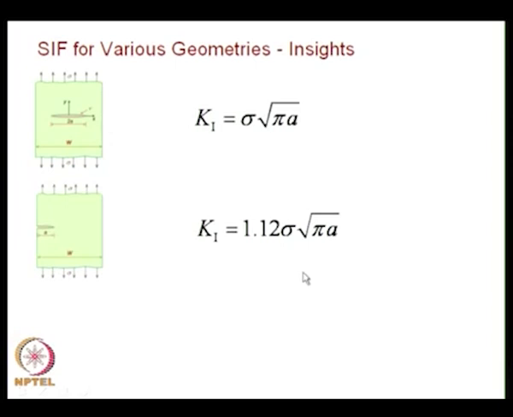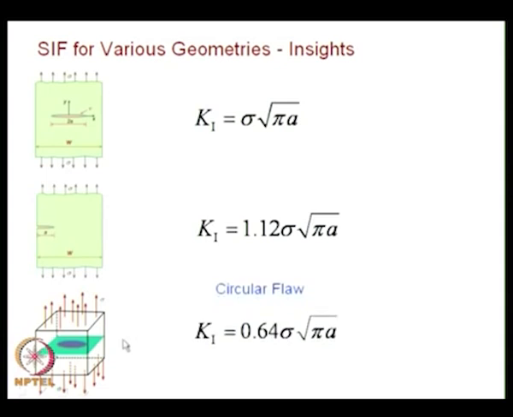On the other hand, when I have an embedded circular flaw, we noted the stress intensity factor remains constant on the crack front, and in comparison to a center crack in an infinite plate, the stress intensity factor is lower, it is 0.64 times sigma root pi a.